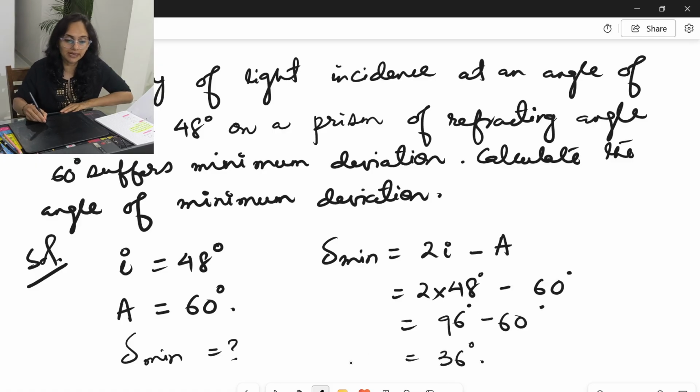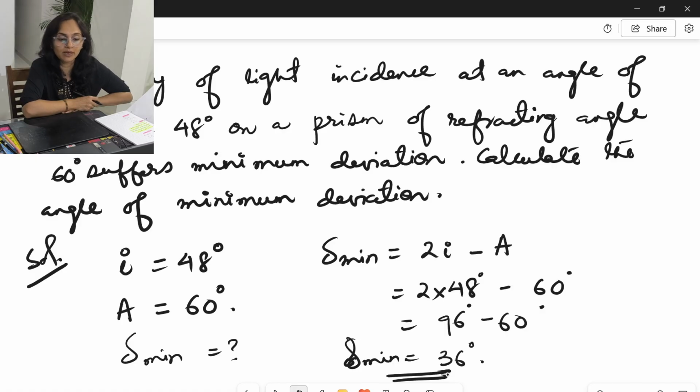So delta min, that means minimum deviation, this angle is 36°, and just by putting the values in the formula, we have to remember the formula, delta min equals 2i minus A. We can very easily calculate this question. So i is the angle of incidence, A is the angle of the prism, delta min is the angle of minimum deviation, and we can calculate the angle of minimum deviation using the formula 2i minus A, right?